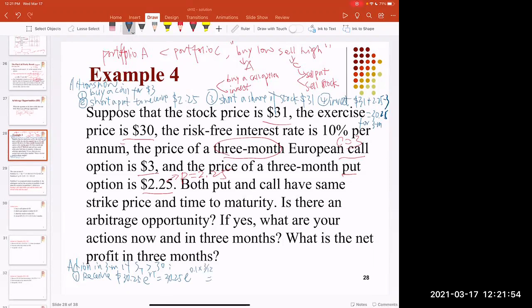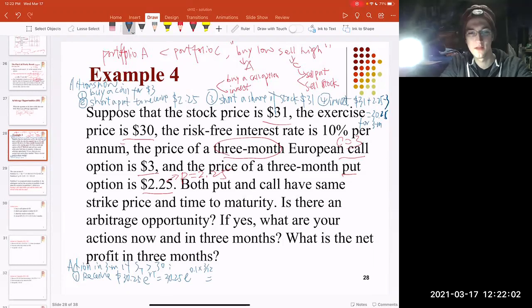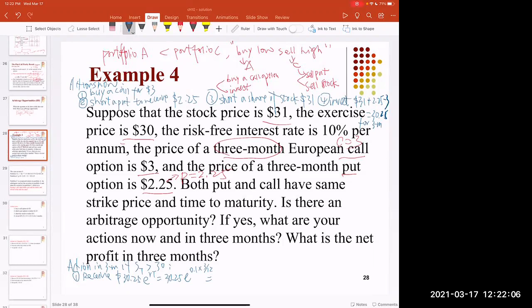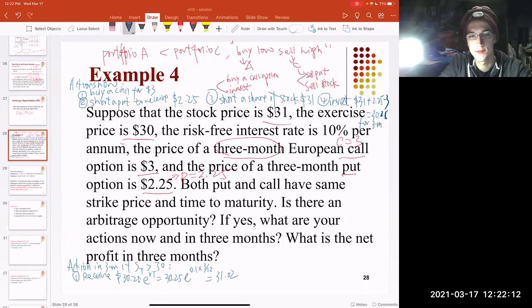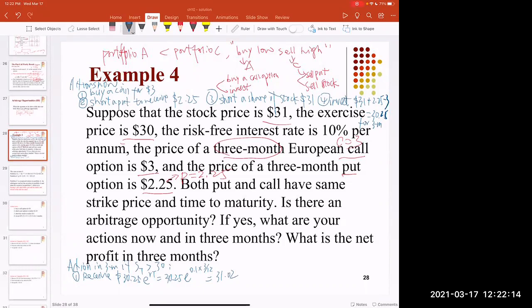So how much are you gonna receive from the investment? It'd be about 31.02.